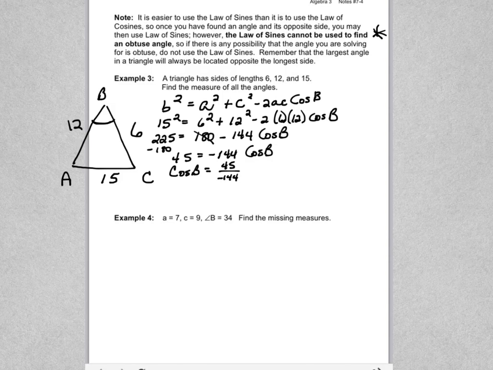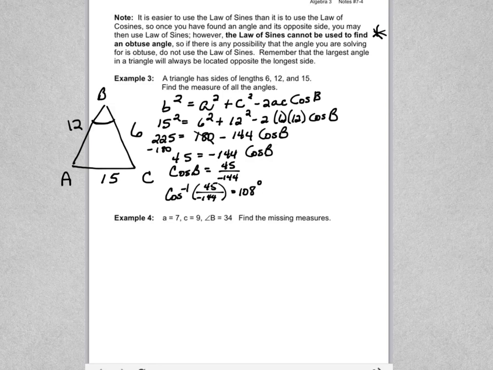So now we have to do cosine negative 1 of 45 over negative 144, and that's going to come out to be 108 degrees, obtuse.